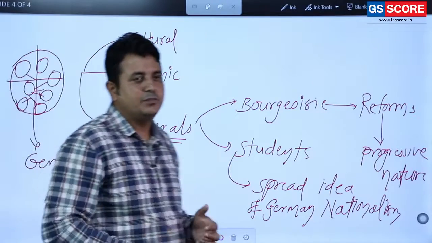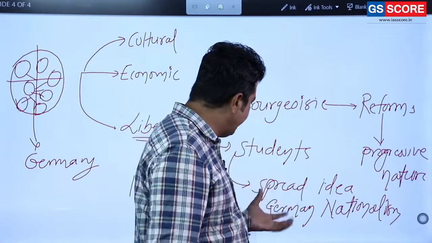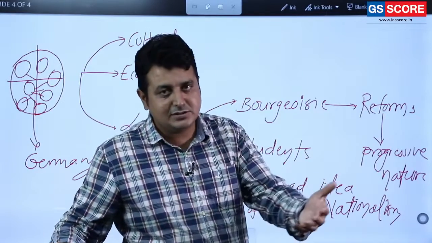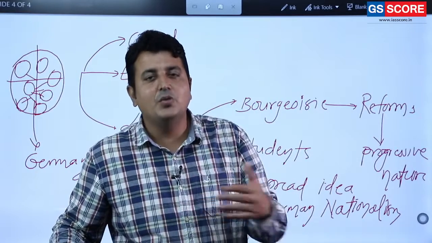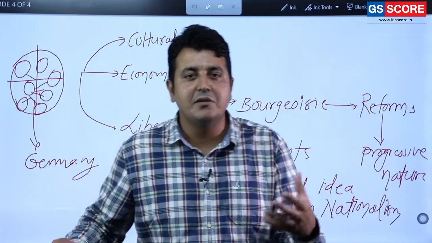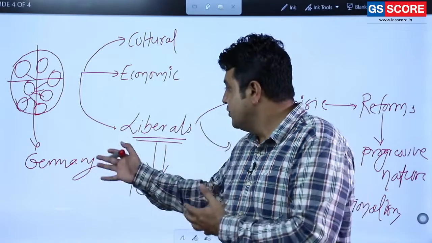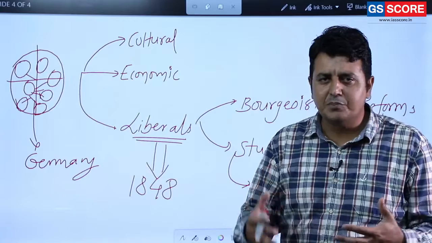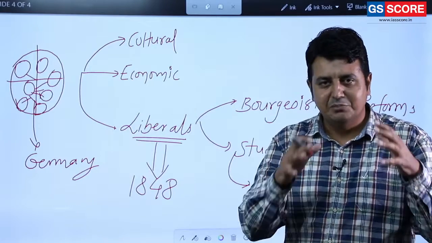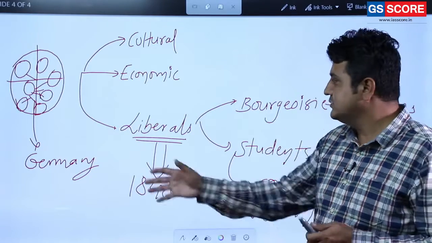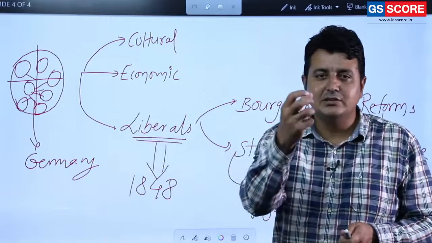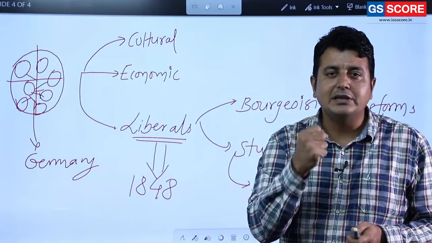Unification from below. So they supported this idea, and they even asked the German emperor to accept this offer as emperor of New Germany. But it was opposed by Bismarck, because Bismarck strongly believed that unification from below is not a strong political identity.